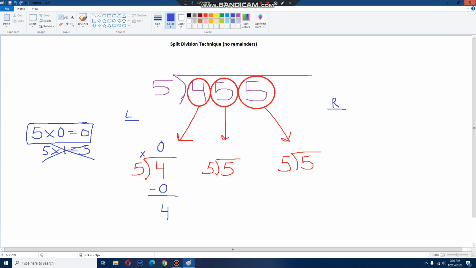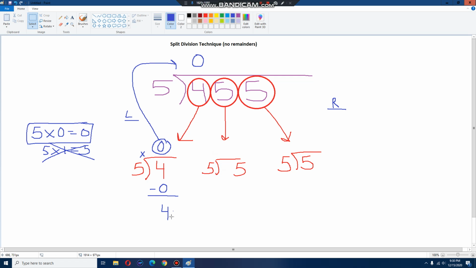Before you proceed, whatever answer you have, you put it on top of the first number: 0. Now, here is where the magic happens. We have the number 4 over here. 4 is homeless. 4 has no friends. No number should be homeless, no number should be friendless. Every number deserves a home.